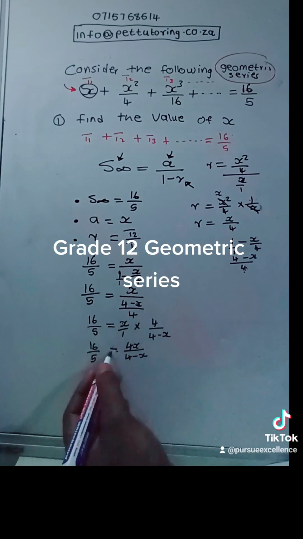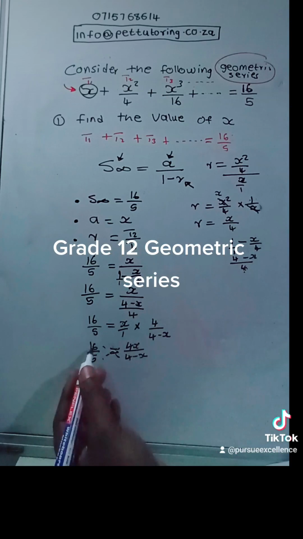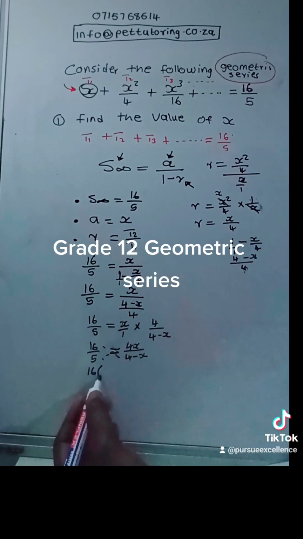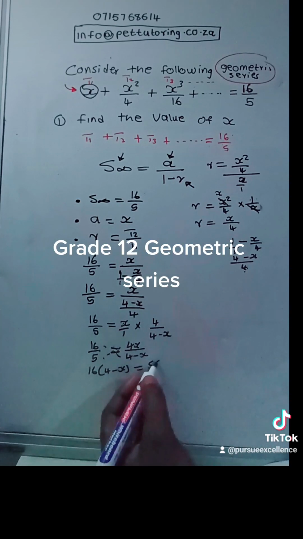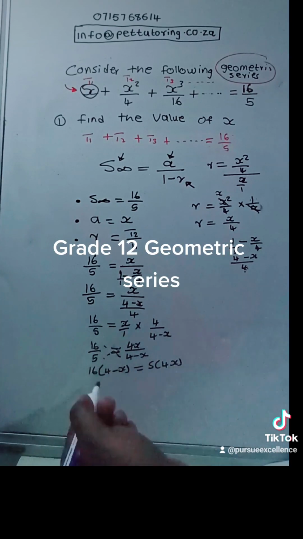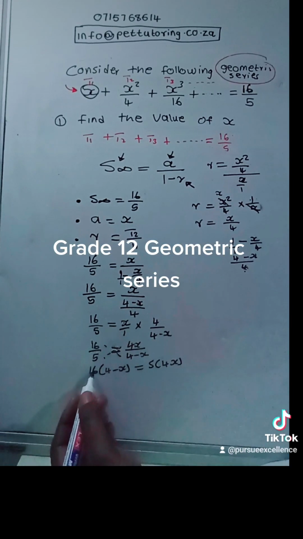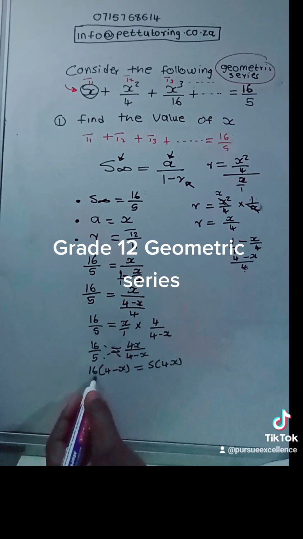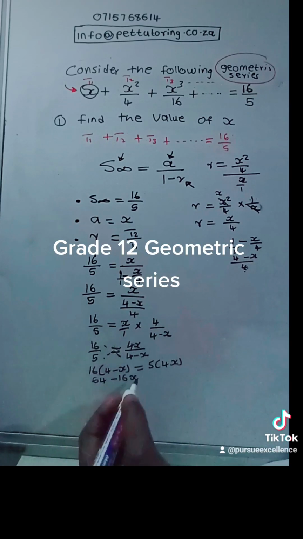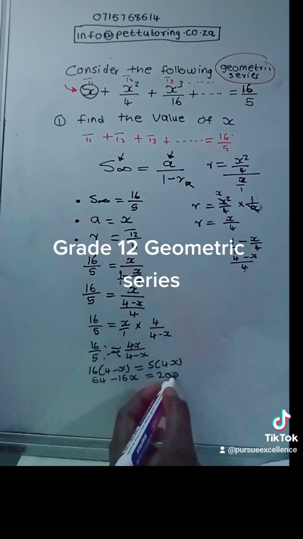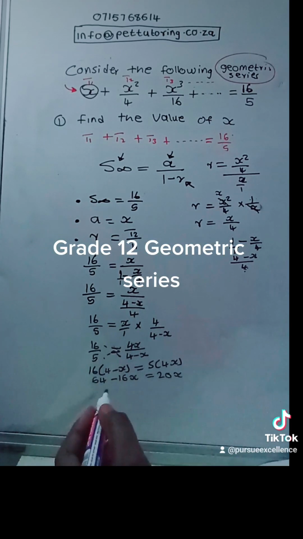All right, so here's the method of cross multiplication. 16 by this, it's going to be 16 into 4 minus x. 5 times this, 4x. So when we FOIL this, 16 times this one, it's going to give me 64 minus 16x equal to 20x. So I have to add the like terms together. 16x and 20x are the like terms.